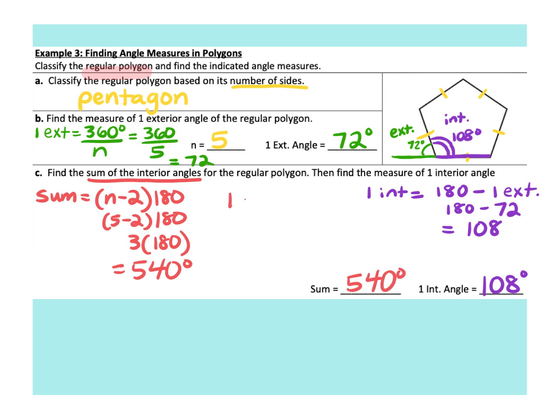So if I want 1 interior angle, I can just take my total interiors of 540 and divide by 5 because there are 5 interior angles just like there are 5 sides. And if you calculate 540 divided by 5, you will also get 108. So 2 different ways to get the same answer.